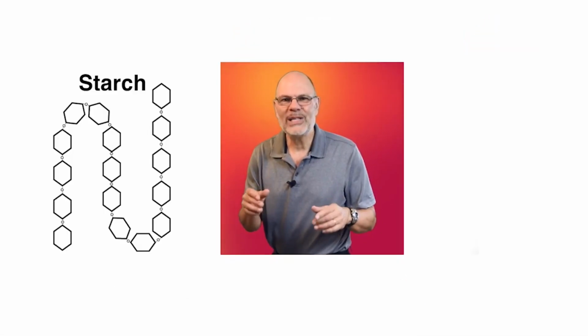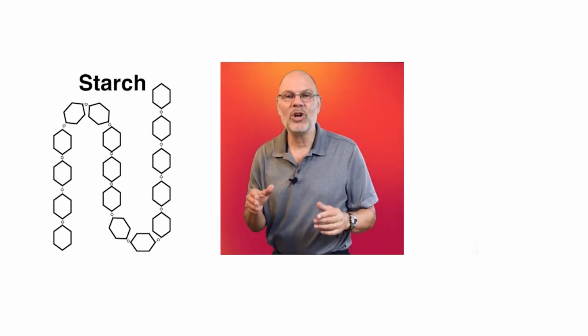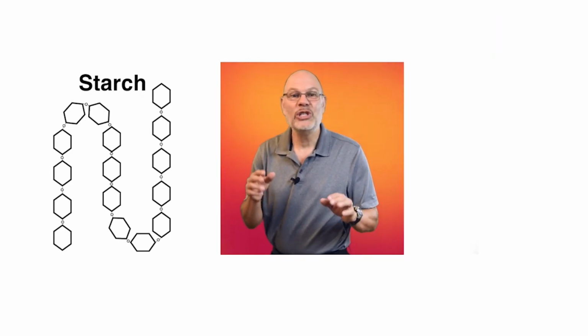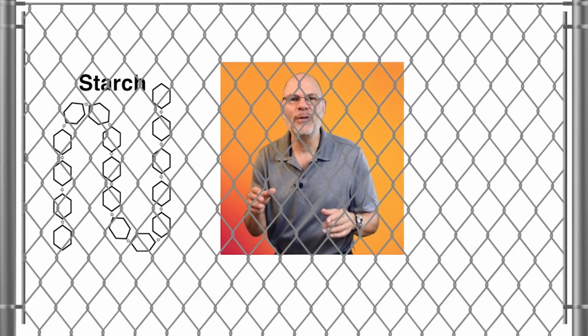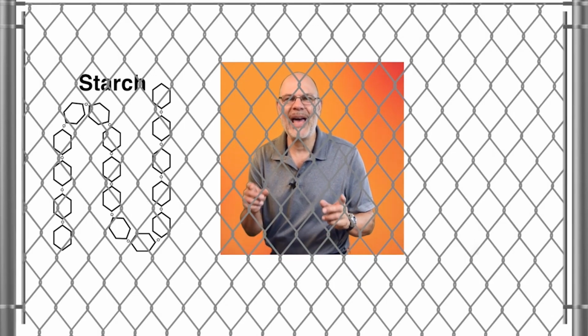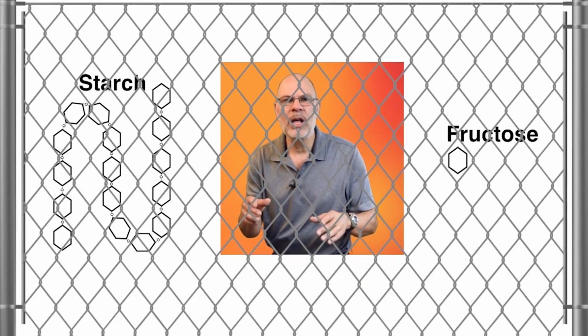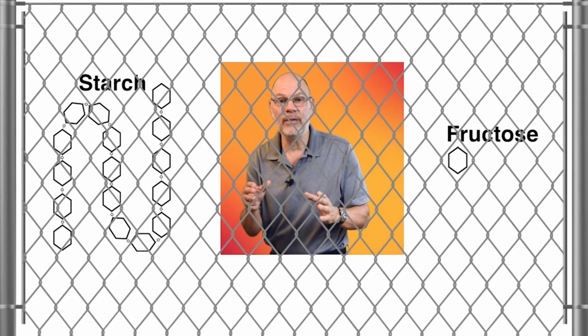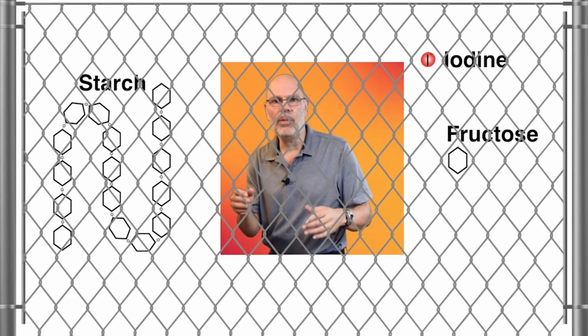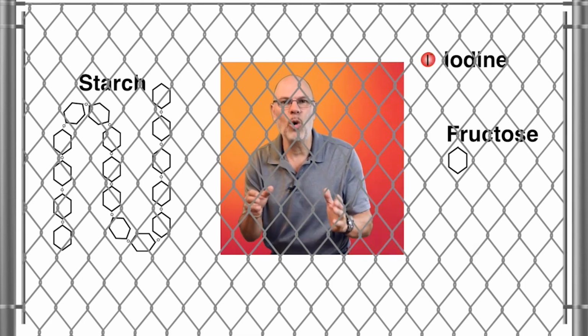I like to imagine myself being the size of a molecule of starch. On that scale, the dialysis tubing would be like a chain link fence, too big for a starchy molecule my size to pass through. On that scale, the fructose is like a ping pong ball, which can easily pass through a chain link fence, and the iodine is like a marble, which can pass through the fence even more easily.